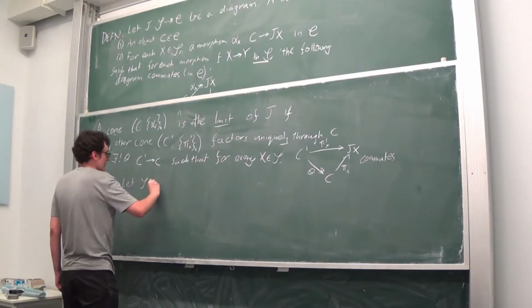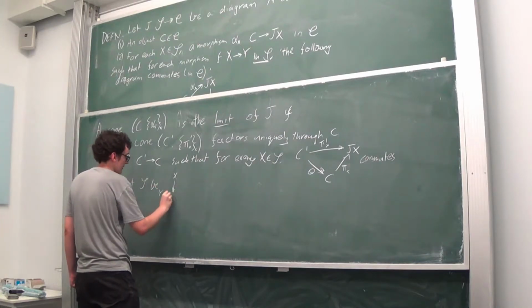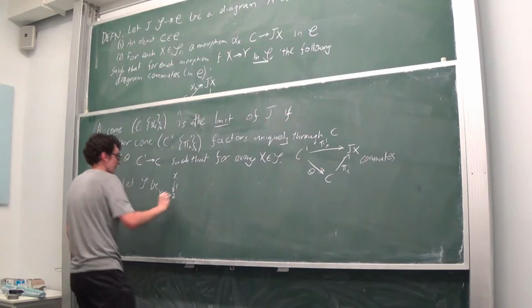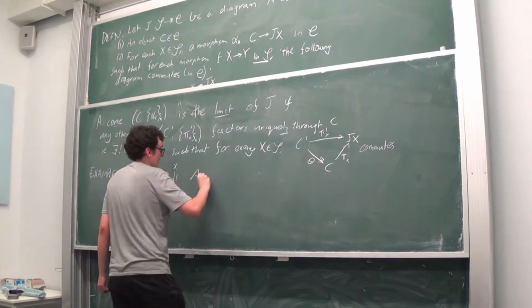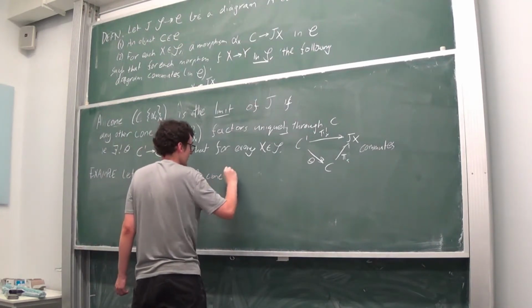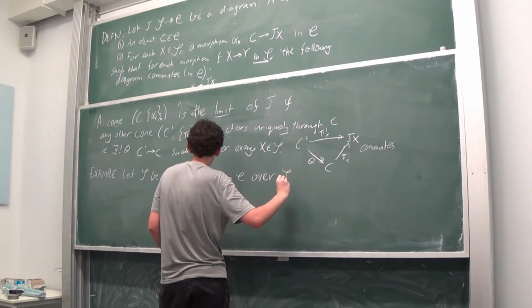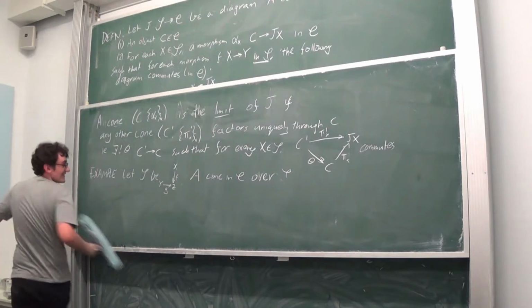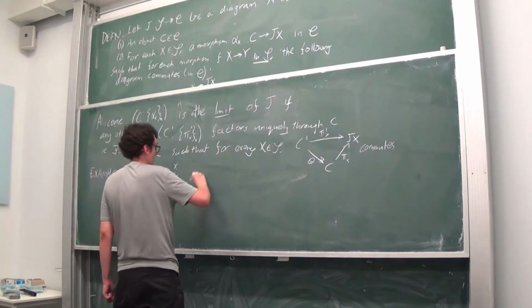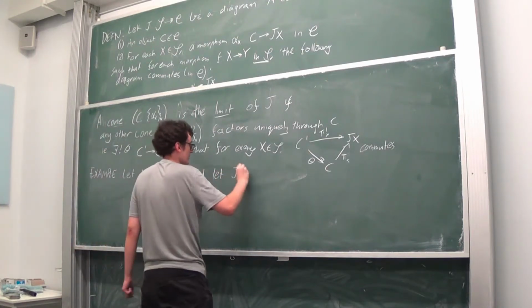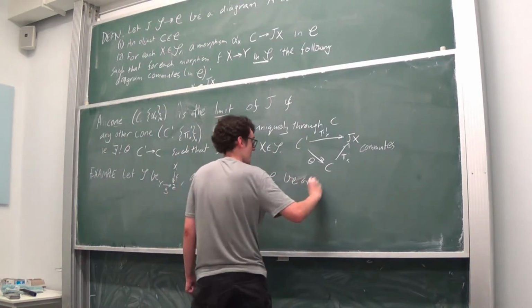Example, let J be again X, Y, Z, F, and G. A cone in C over, no, sorry, I need to define the diagram first, don't I? And let J be a diagram.